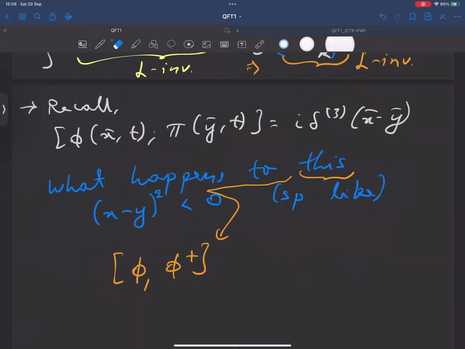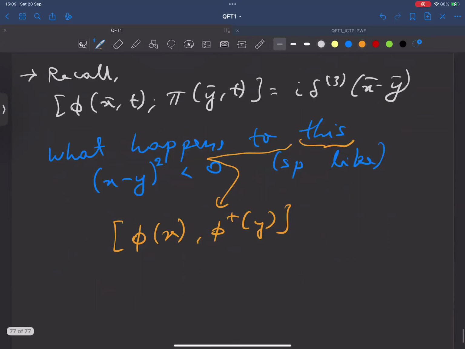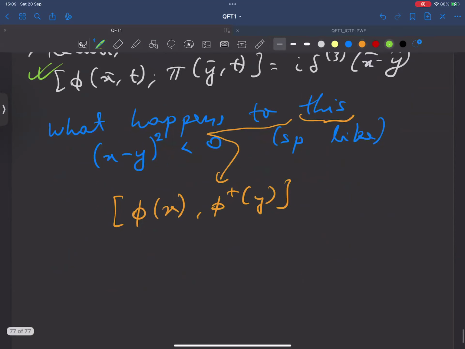So I'm interested to see what happens to this commutator. This is just the relation that we imposed. But now we want to see what happens to this commutator when we look at space-like separated points, x and y.